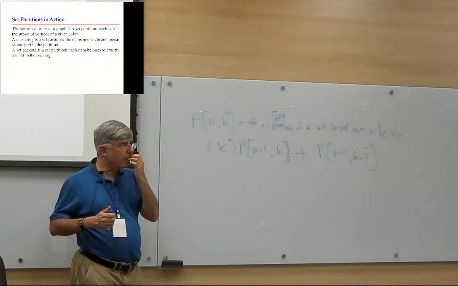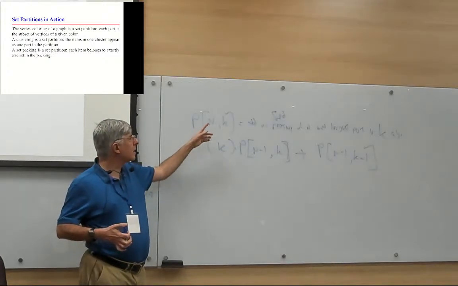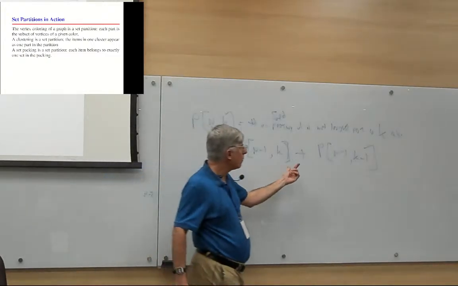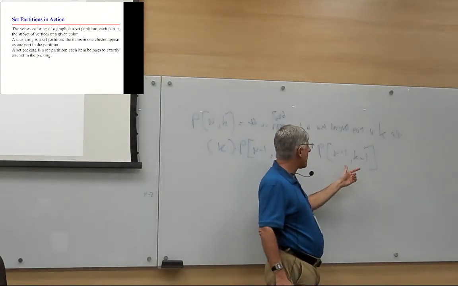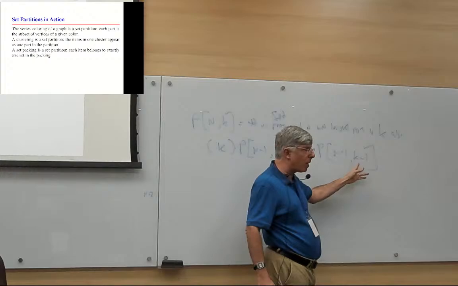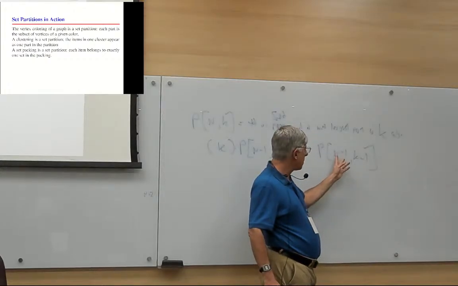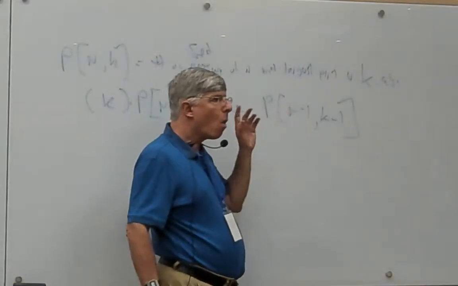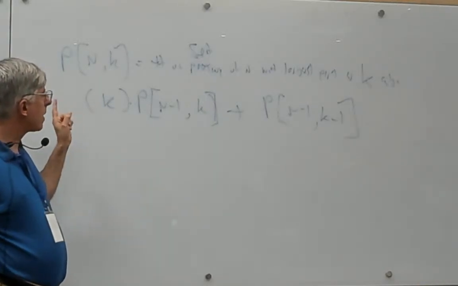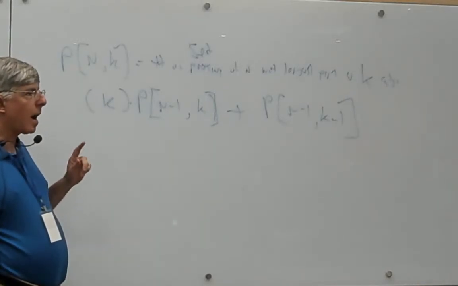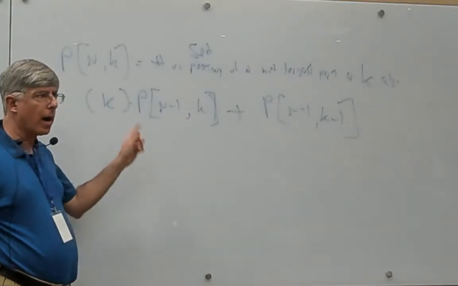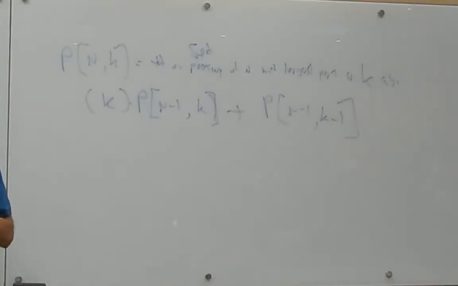The nth item is either in a set by itself, which means we construct k minus 1 parts on all the remaining numbers, or the largest number is going to have company, meaning it's been put into something that already had k parts.